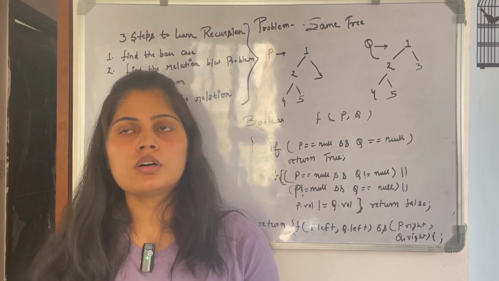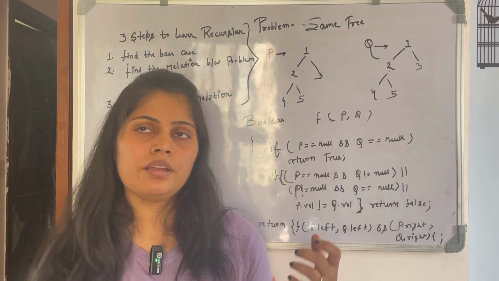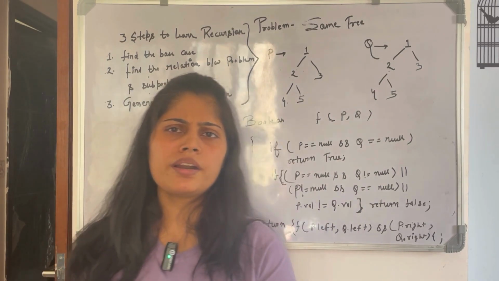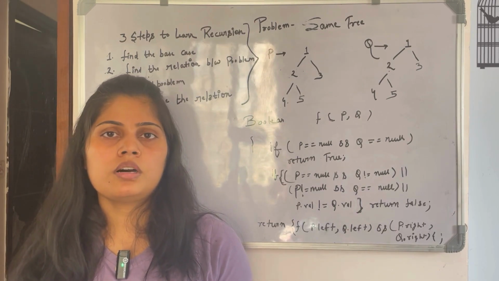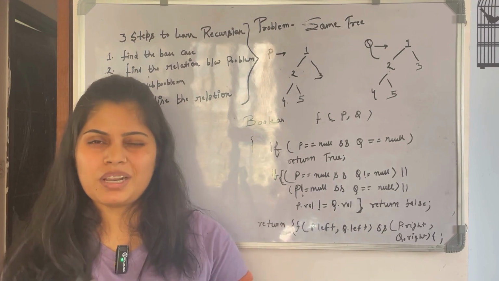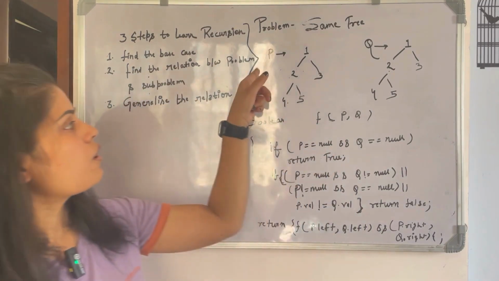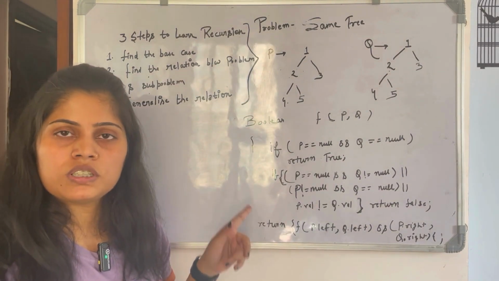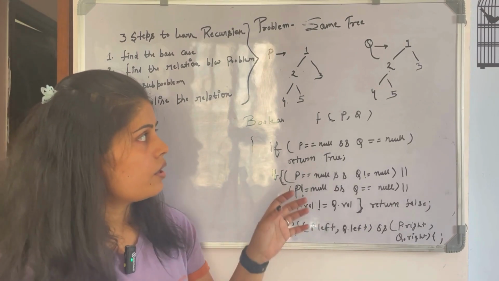To solve this problem, I already implemented and gave a solution in my previous video, which is Same Tree, where we check whether both the trees are the same or not. This is the code of the previous problem, which I explained to you.